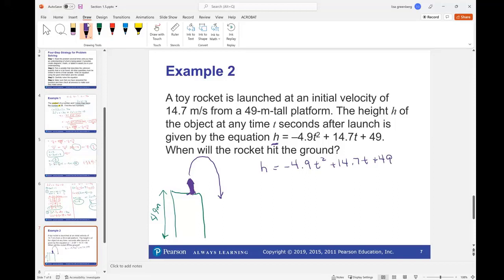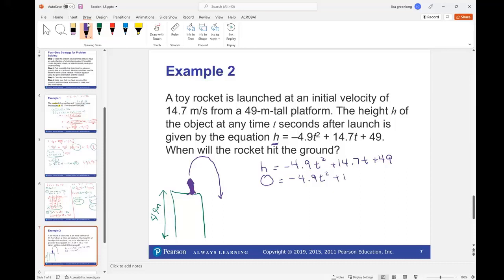And when will the rocket hit the ground? Well, I don't know the time that it's going to hit the ground, but I know that when it hits the ground, the height is 0, right? Because when it hits the ground, we're no longer at 49 meters, we're at 0. So I really just want to set h equal to 0 and solve this equation.